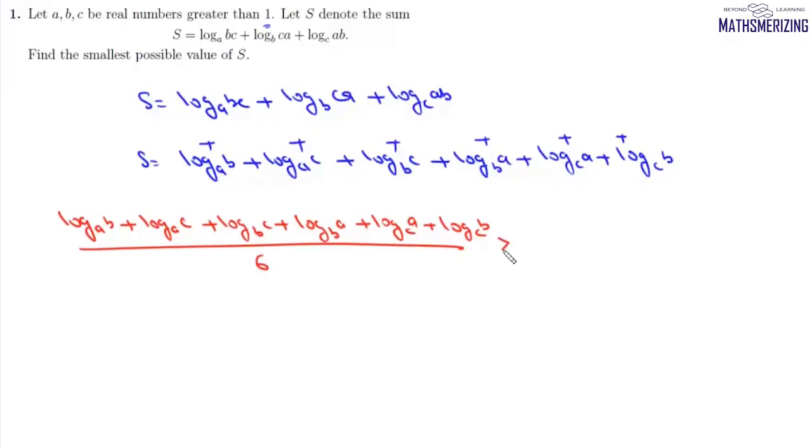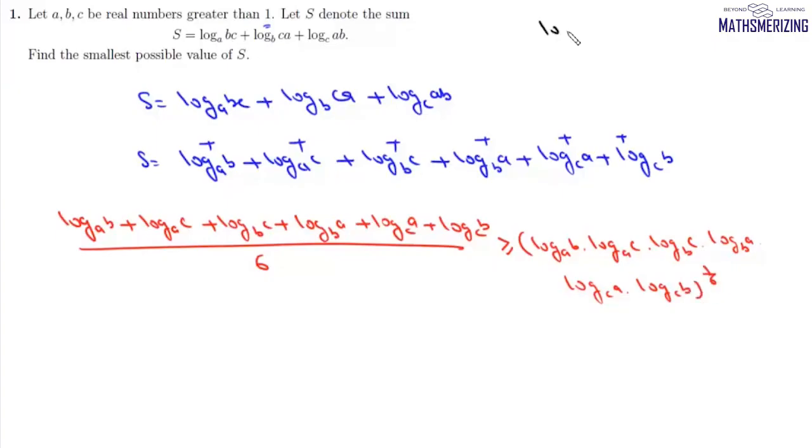It will be greater than or equal to log B base A into log C base A into log C base B into log A base B into log A base C into log B base C to the power 1 by 6.